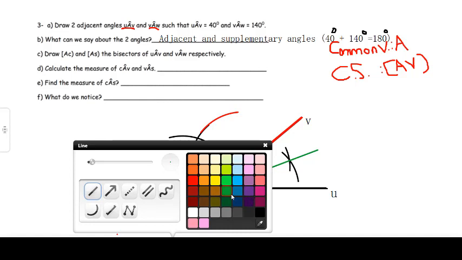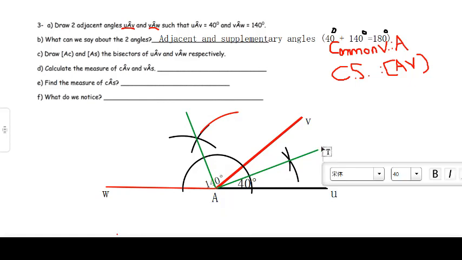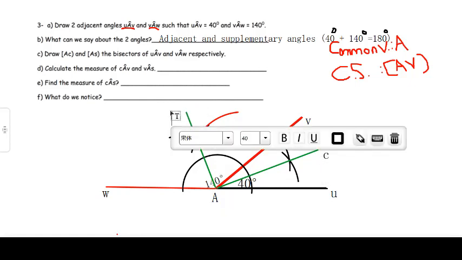Let's name it. The first bisector is AC and the second bisector is AS.